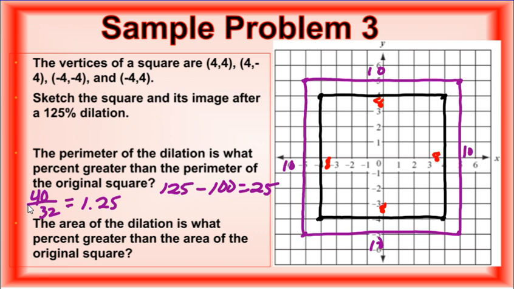Now, the area of the dilation is what percent greater than the area of the original square? So if the perimeter is 25%, we would just need to take this, which is actually our scale factor of 1.25. So 1.25, I would need to square it, and that would give us 1.5625.